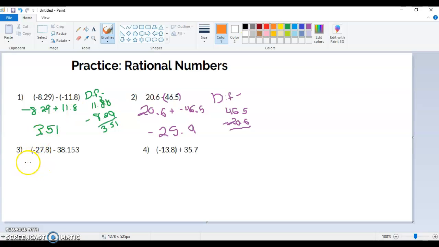Okay, looking down here, if we think about it as keep, change, change. I keep it, I change it, and this one didn't have a negative or a positive next to it, so we change it to negative. Okay, they are the same sign, so we get to add.